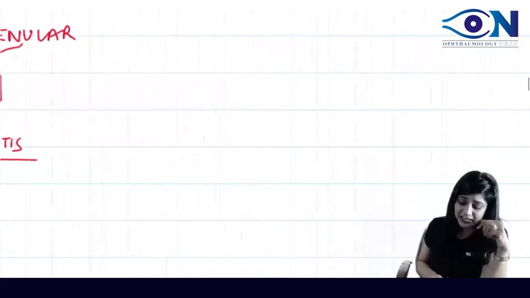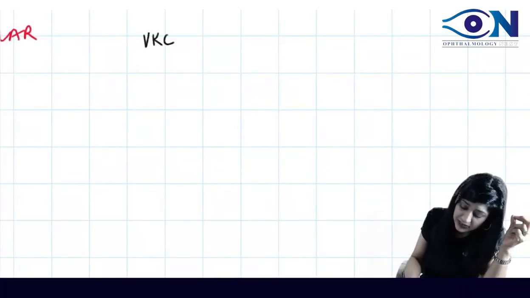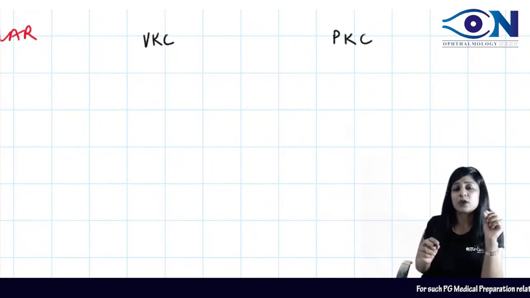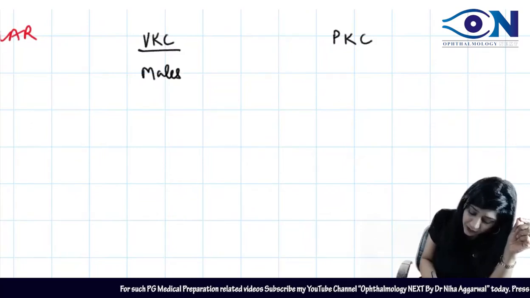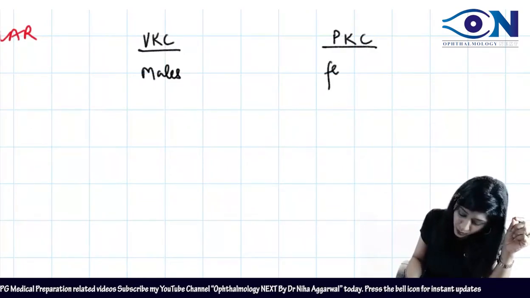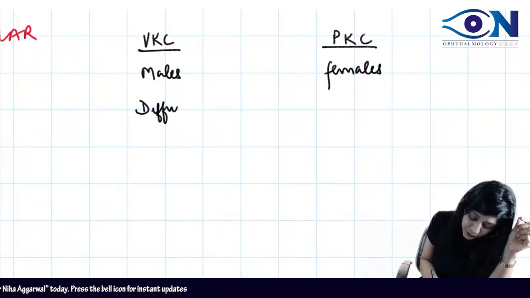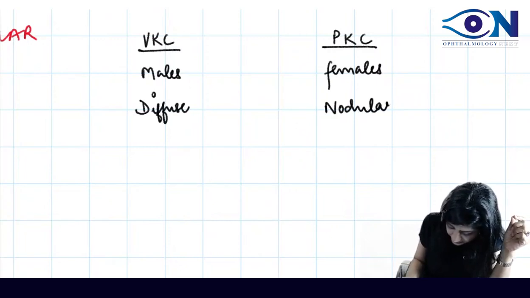Now the main challenge is how to differentiate between VKC and phlyctenular keratoconjunctivitis. There are certain things you should always see: VKC is more common in males, while phlyctenular is more common in females. This was a diffuse allergy, while this is a nodular keratoconjunctivitis.